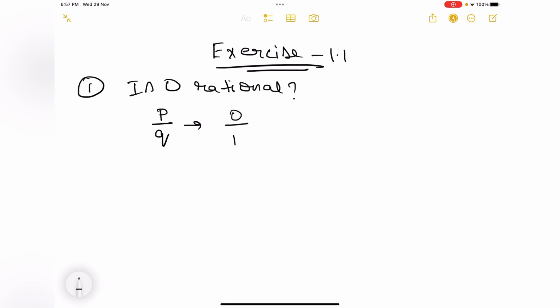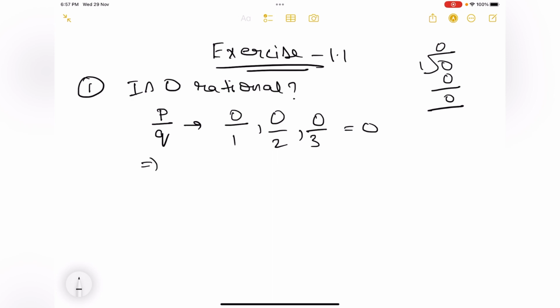Yes. 0 by 1, 0 by 2, 0 by 3, all of this is 0. So 0 divided by anything is 0. Therefore, this implies that 0 is a rational number because it can be represented in the form of p by q.